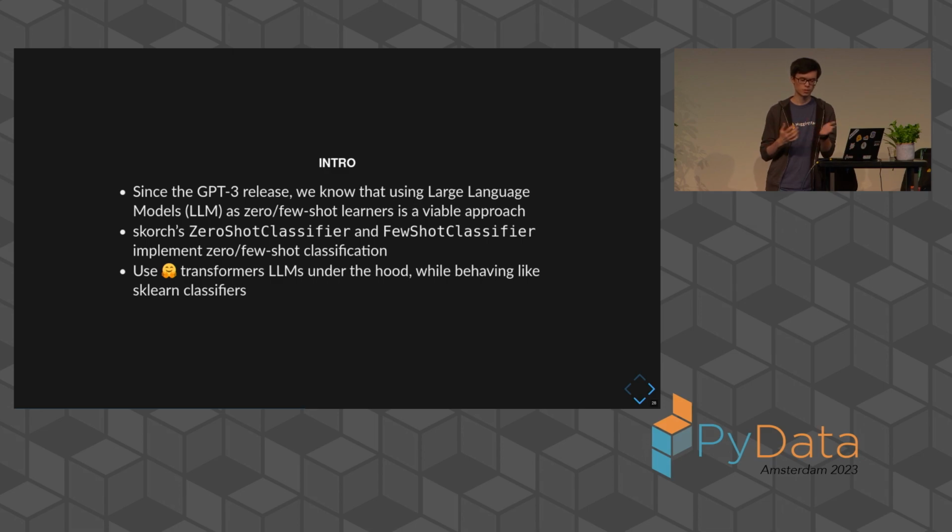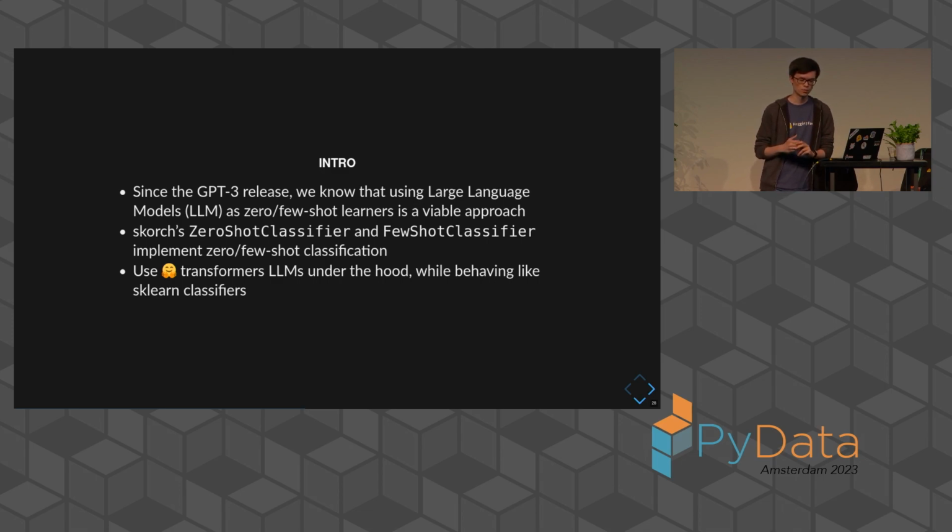Something specific would be classification. You can put in a text, maybe a review of a product, and you want to know whether it's positive or negative. Then probably you don't need to train a model at all to determine that, because a large language model can answer that question for you.